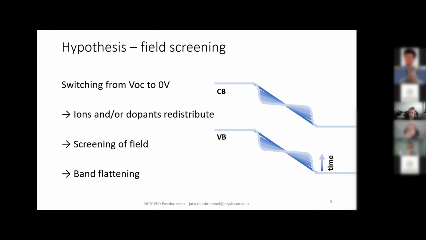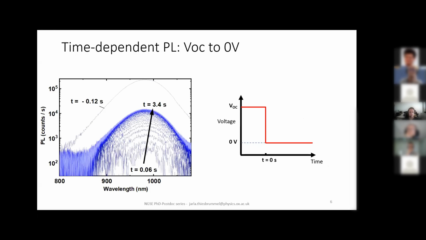This field screening could cause the nice and steep bends that we had at the start to flatten out and thereby reduce our charge extraction efficiency. Now, in order to figure out if we indeed suffer from such a change in charge extraction efficiency over time, we perform some photoluminescence measurements where we change the bias of the device.